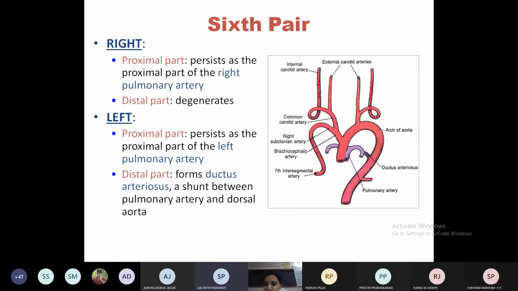Yes, connection between the pulmonary artery and aorta, so that the blood will be shunted from the pulmonary artery into the aorta during fetal circulation, as the lungs are not functioning. So what is the fate of ductus arteriosus? What happens in the adult, after birth?